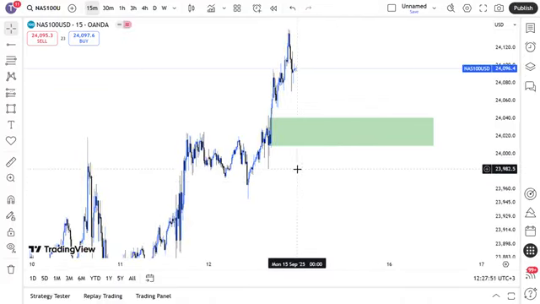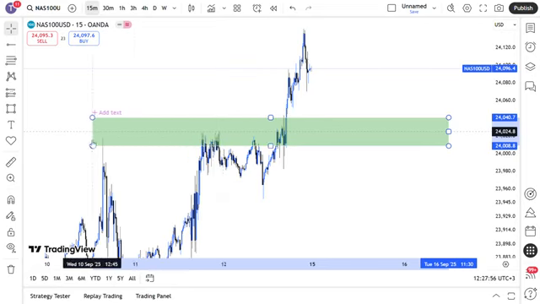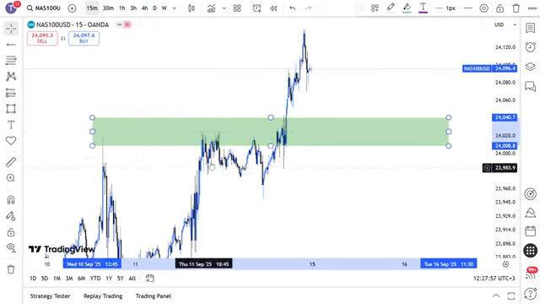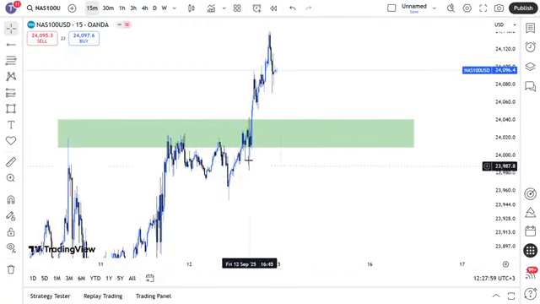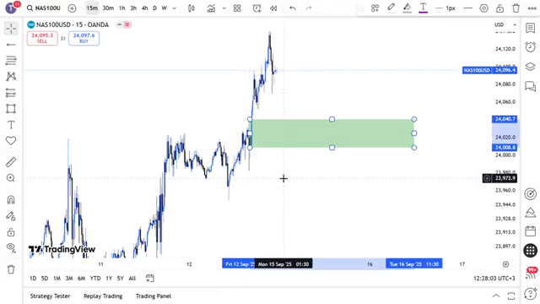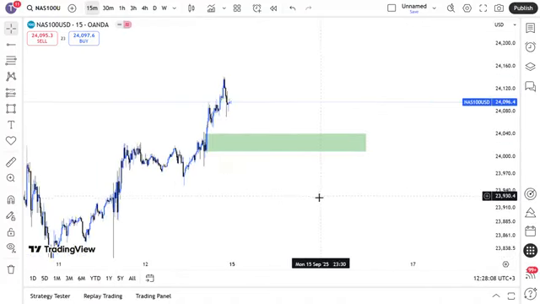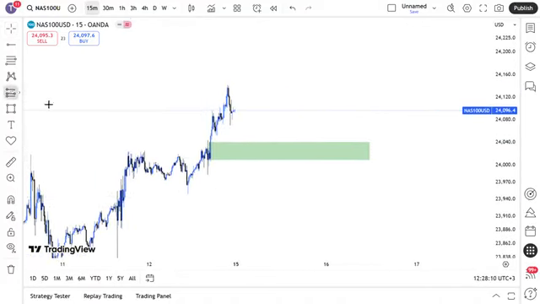Some can use this as their support level, a resistance level that became a support level. But for me, I'm going to consider the order block from the 15 minutes time frame. So simply, that is for NAS 100.